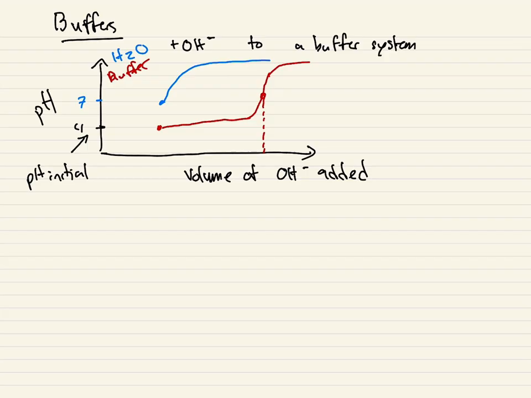What do you think that point represents? If we're adding, let's say our system is a weak acid buffer system. All right, what's the chemical reaction by which a weak acid buffer works to resist a change in pH by adding base to the solution?